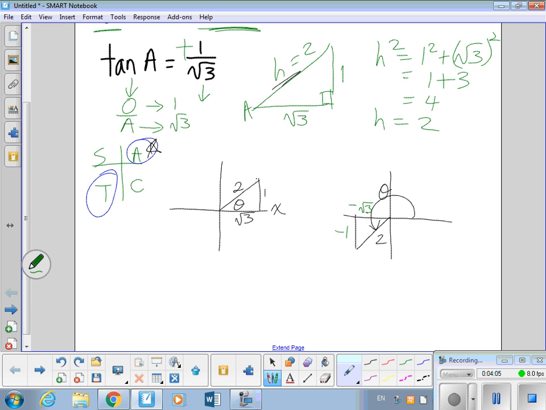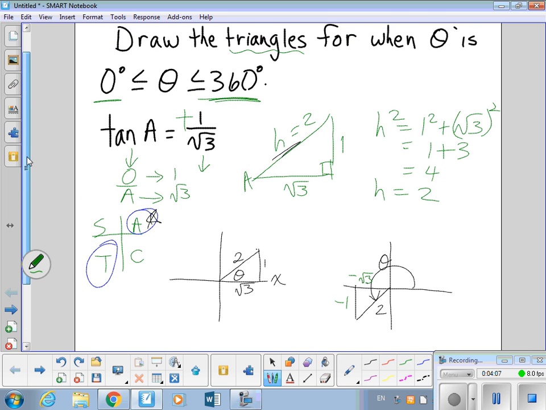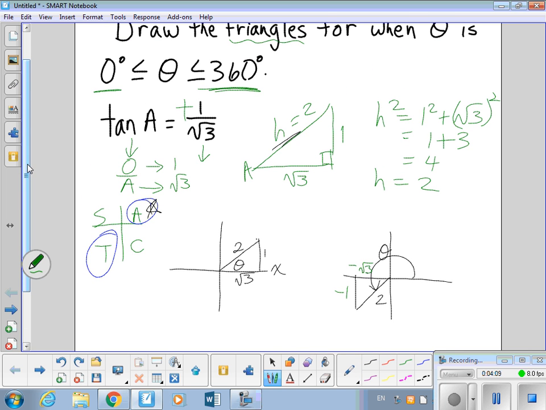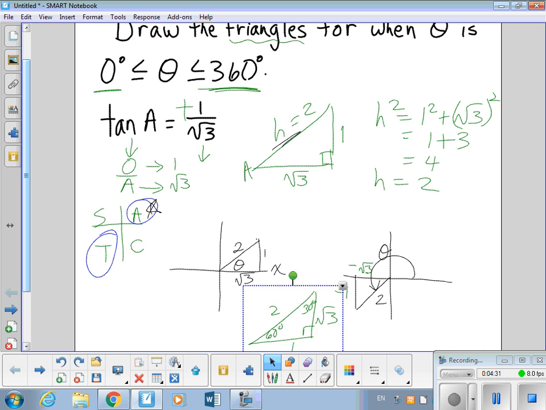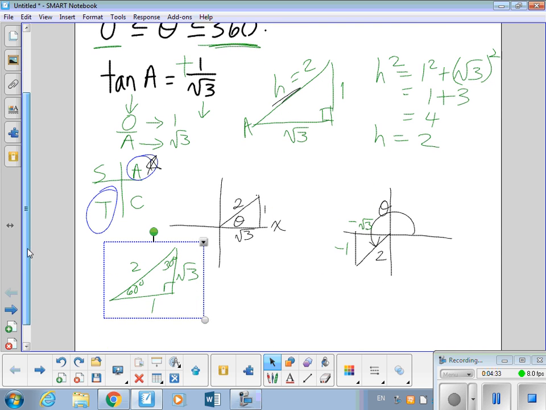Now, I don't know if you noticed here, this is one of the special triangles. The only one that has a square root 3 in it was the one that had 60, 30. And I'm just going to take that little bit that I drew in there so I can bring it down so you can take a closer look at it.